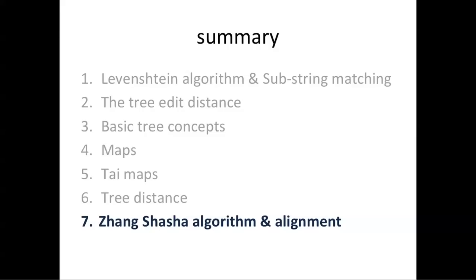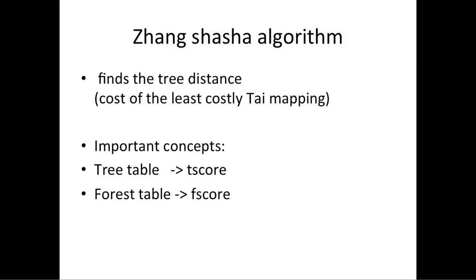And now let's jump to the most interesting point, and probably that's why you are watching this video: the Zhang and Shasha algorithm and how to produce the alignment. Well, the first thing to know in this algorithm is that there is a tree table and there is a forest table.